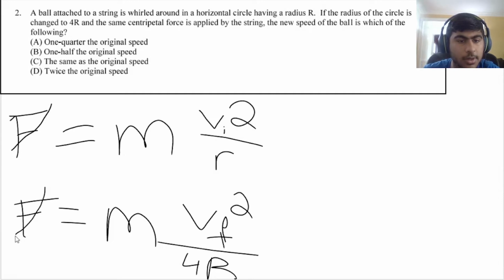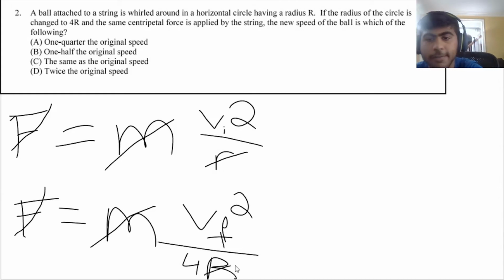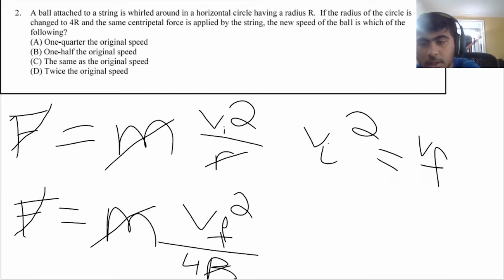Cancel this out, right? If we divided these two, it would cancel out. These two also don't matter, which means that v_i squared over r equals v_f squared over 4r. We can take out a factor of r, and we get that v_i squared equals v_f squared over 4.